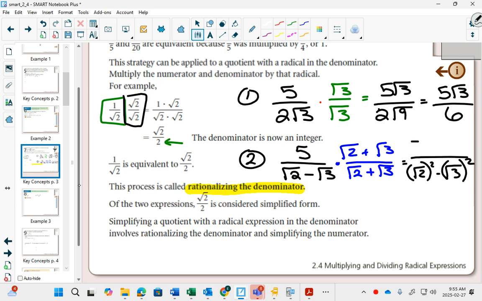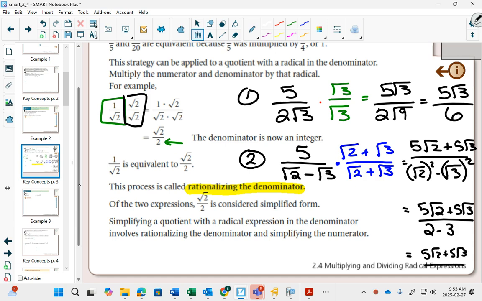And on the top, you'd have to distribute, so you'd have 5 root 2 plus 5 root 3. There's nothing I can do on my top because those are not like terms. But root 2 squared will just be 2, minus root 3 squared will just be 3. And you'll get 5 root 2 plus 5 root 3 all over negative 1. And now my denominator is a rational number again.